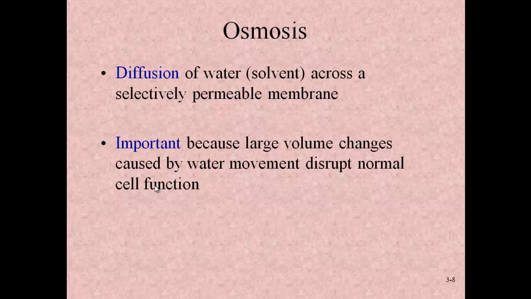For example, our capillaries, we don't want a lot of fluid flowing out of our capillaries into our tissues because that would cause swelling. And we don't want a lot of fluid going from our tissues into our capillaries because that would cause high blood pressure. So ideally, you want no major movement in and out of our tissues from our blood via osmosis.